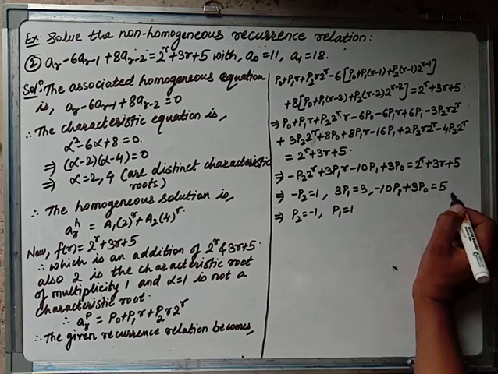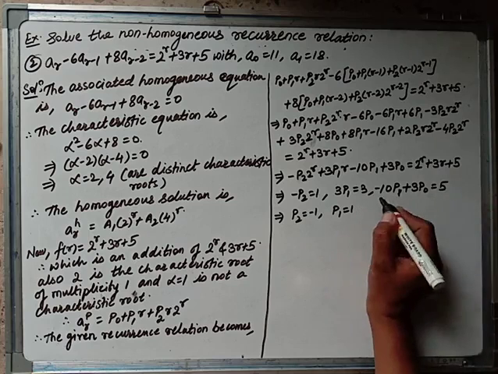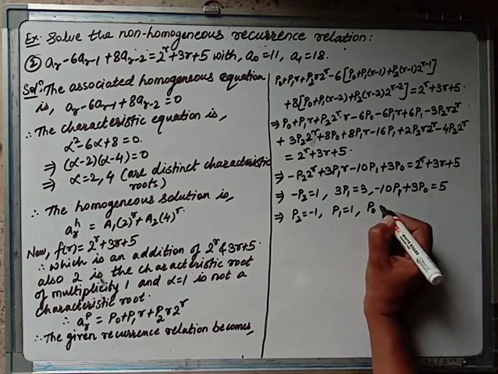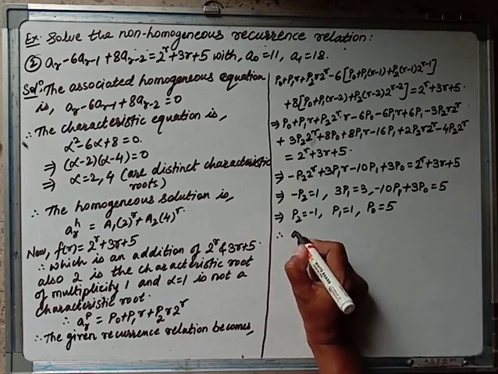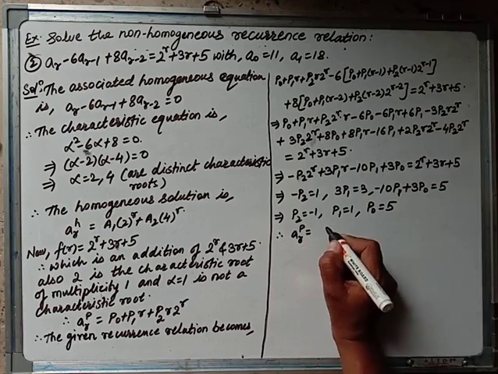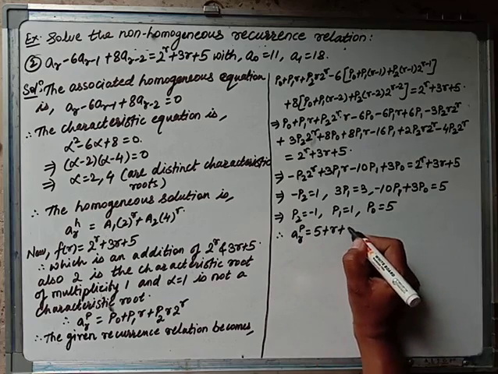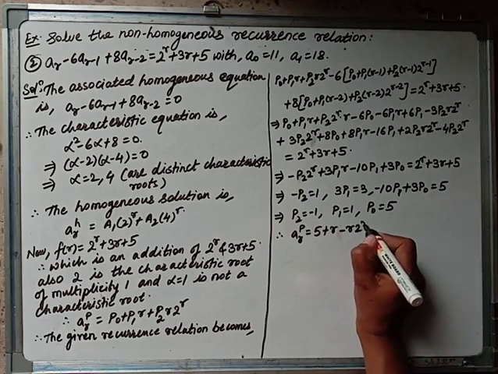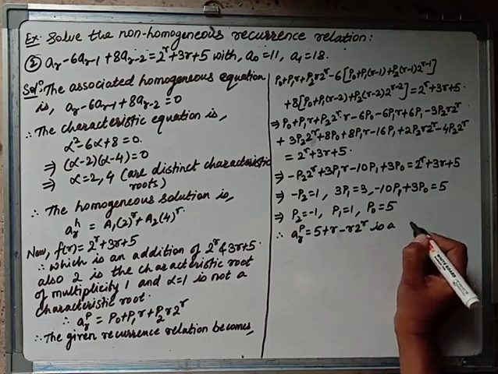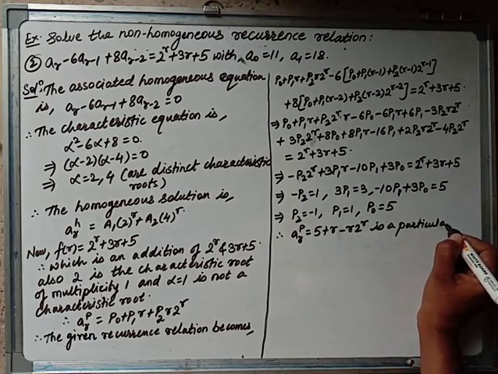So 15 divided by 3, sorry, 15 divided by 3 will be 5. So P0 will be 5. So there we get the particular solution will be 5 plus r minus r 2 raised to r is a particular solution.